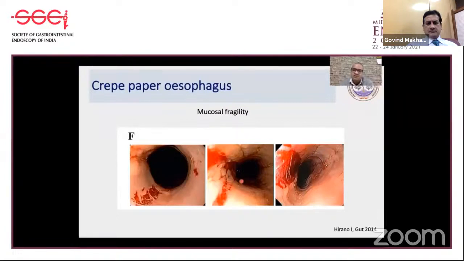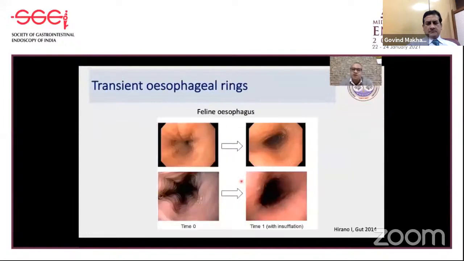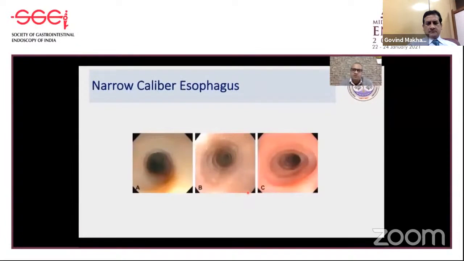If such kind of trauma is seen, then that's a crepe paper esophagus. Other findings could be feline esophagus or the transient esophageal rings, which disappear with distension with air. This is one of the findings which can be part of eosinophilic esophagitis, and then there could be a narrow caliber esophagus when one cannot pass the scope.